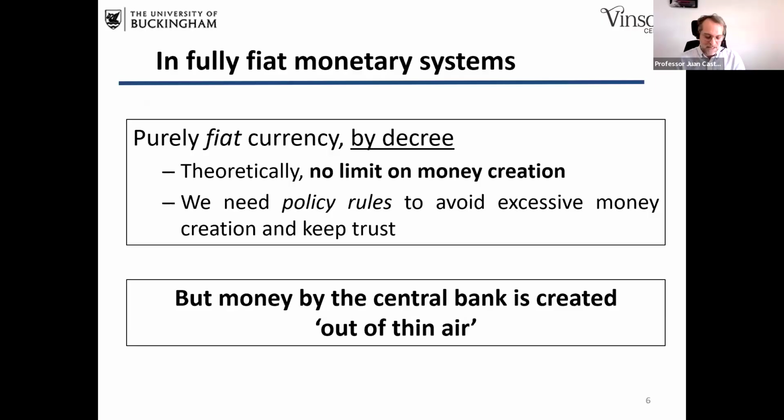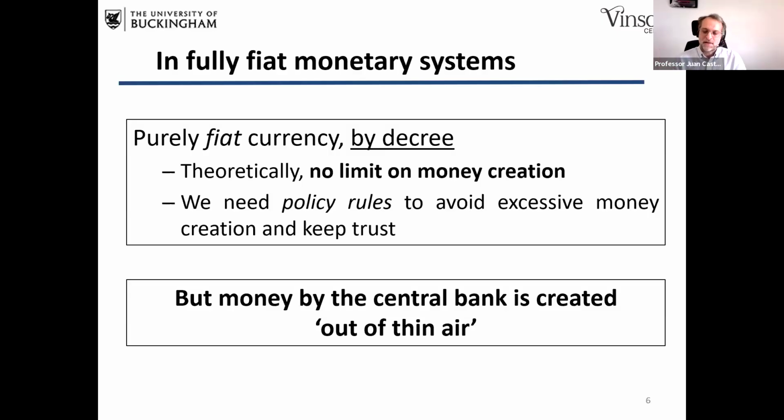So theoretically, there is no limit on the ability of the government, either directly or via the central bank, to create as much money as they wish, because there is no metallic backing of money. It's just printed, as they say, or created electronically by the national central bank. And this is precisely why we need effective binding policy rules to avoid the production of too much money.